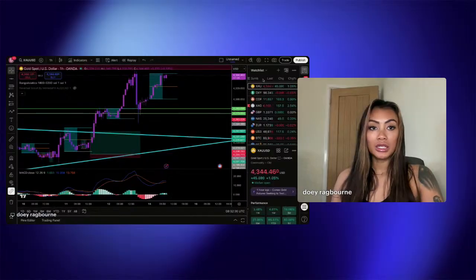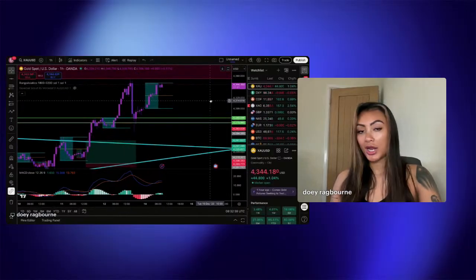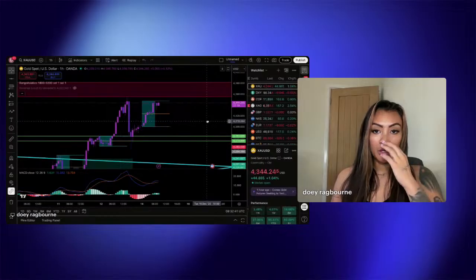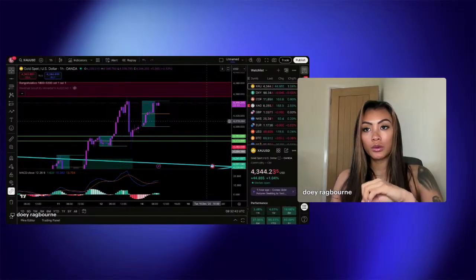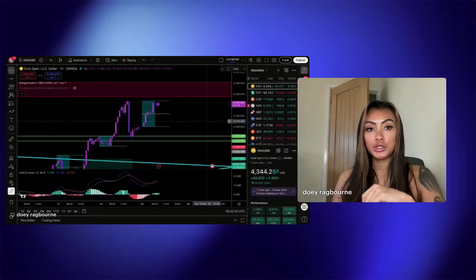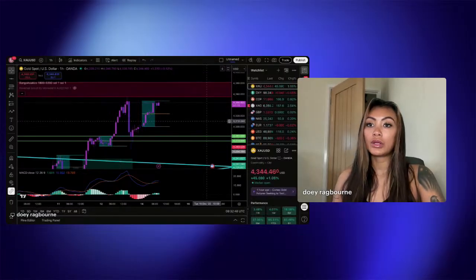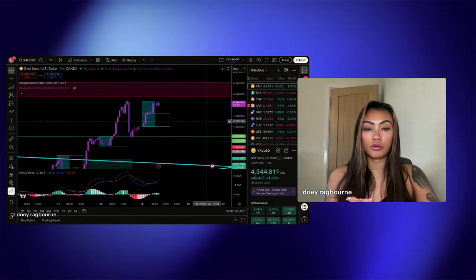I'm not going to be rushing anything, just going to be waiting for those reactions. Another thing to pay attention to is that I do use the Fibonacci tool. If we're going with a trend, I'm using it on the 4 hour.